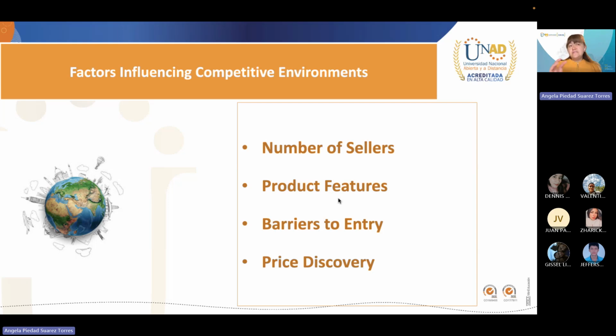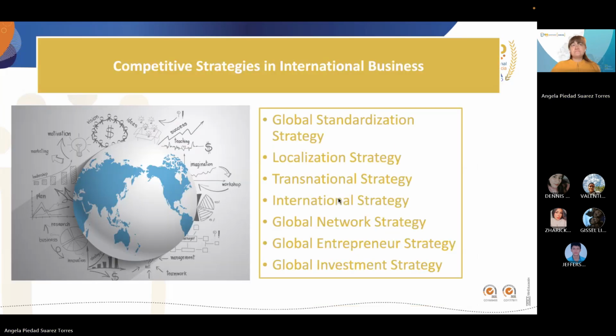Like the differences that we have between the markets, the characteristics of the products, and what are the elements that make them different from the others that they have in the competition environment.